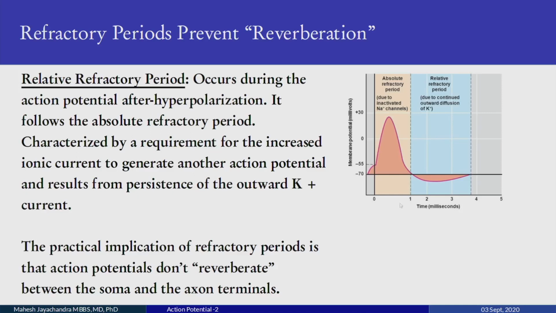The other interesting thing is that the absolute refractory period, where it cannot be fired, gives us an upper estimate of the maximum firing rate of a neuron. It has to be limited by the absolute refractory period. If it's 1 millisecond, the absolute firing rate of a neuron would be anywhere from 500 to 1000 hertz, and that's it. It can't be higher than that.